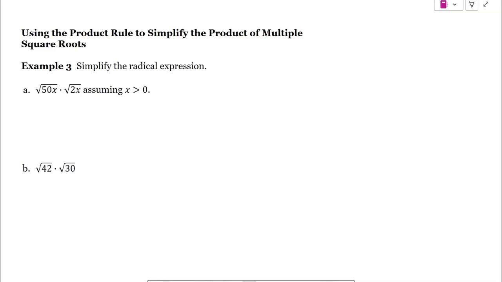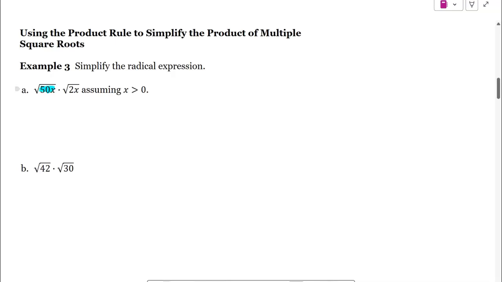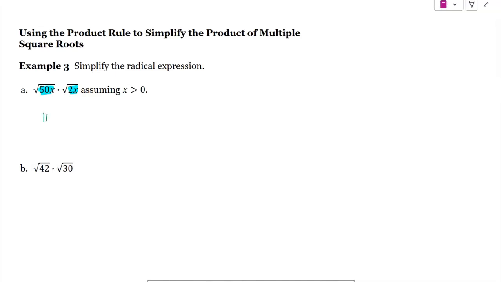So if I'm going to use the product rule, I can multiply the 50x and the 2x together and put them under a single square root sign. So that would be 100x squared. This is nice because now I have something that's a perfect square. The square root of 100 is 10, and the square root of x squared is x, so my final answer here is just 10 times x.